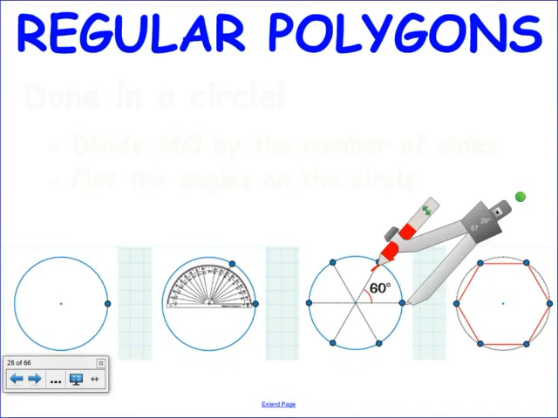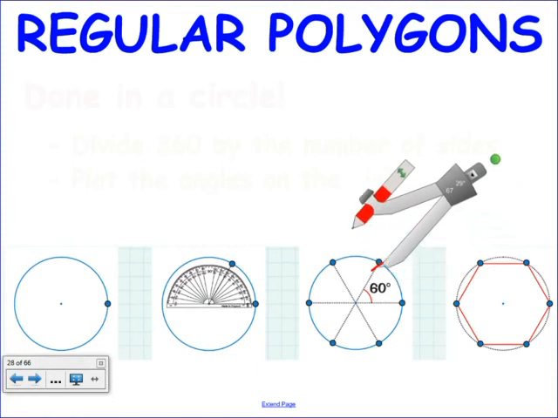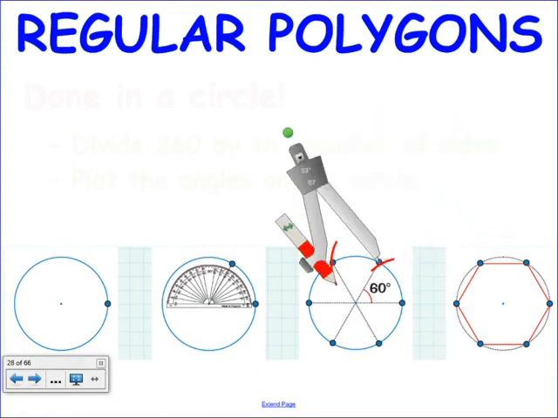Once I've set that length, I don't have to keep measuring 60 degrees because the length is always the same. See what I mean? So it's a quicker way of doing it. I don't have to keep measuring lots of 60s. Does that make sense?